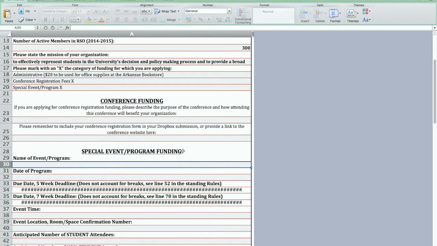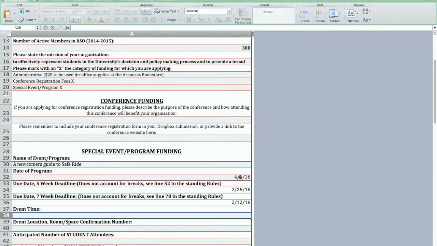And so the event is going to be named A Newcomer's Guide to Safe Ride. Okay, and the date of the program is going to be April 1st, 2016. And as you can see, this gives you the deadlines.